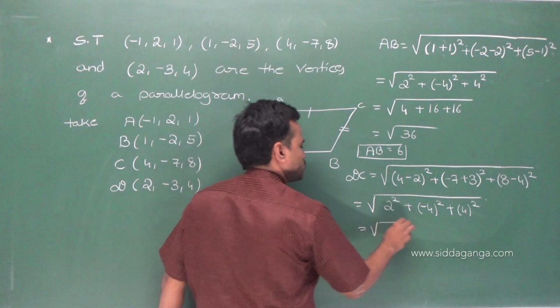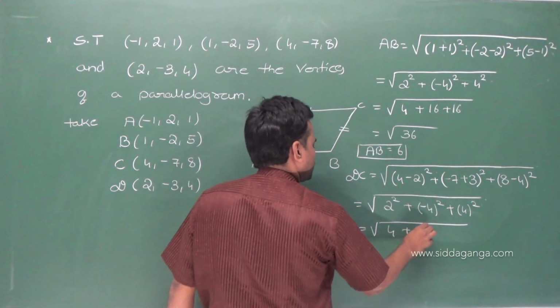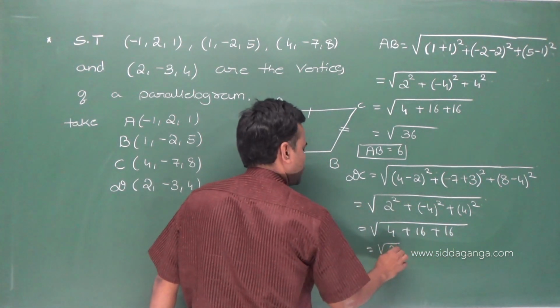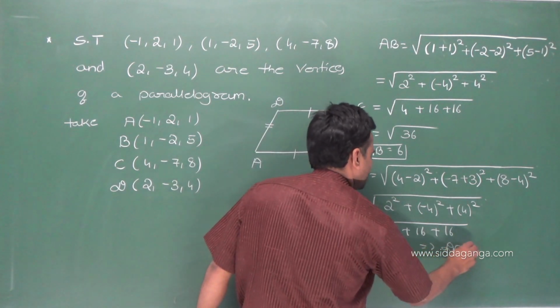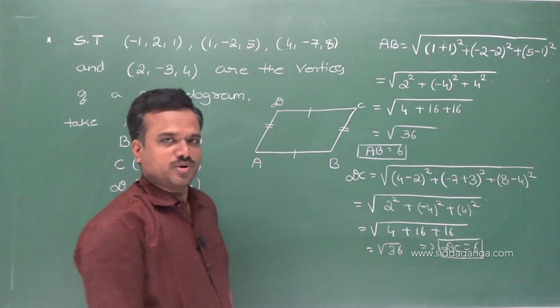That is the square root of 4 plus 16 plus 16, again root 36. No doubt, DC is also the square root of 36.